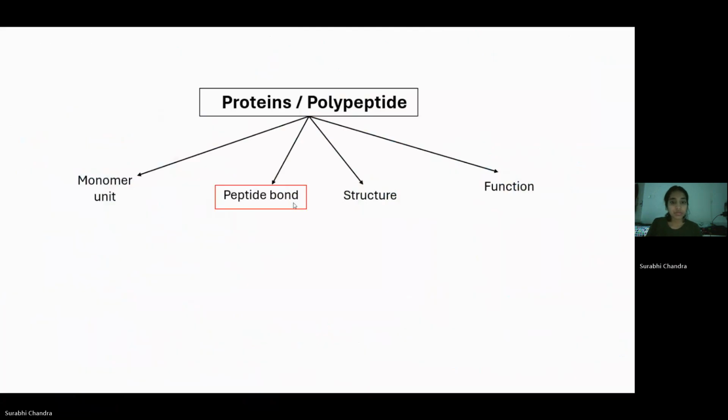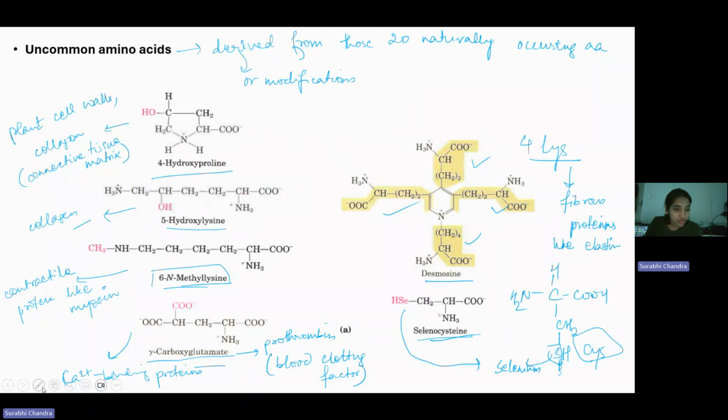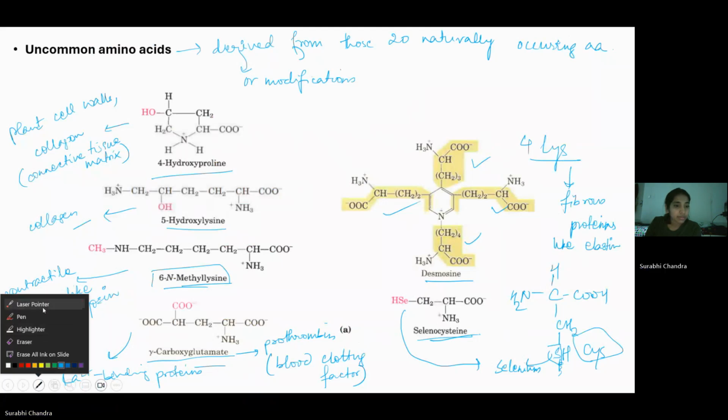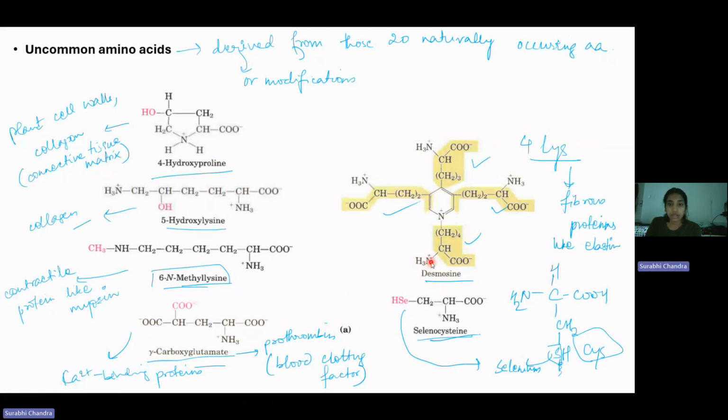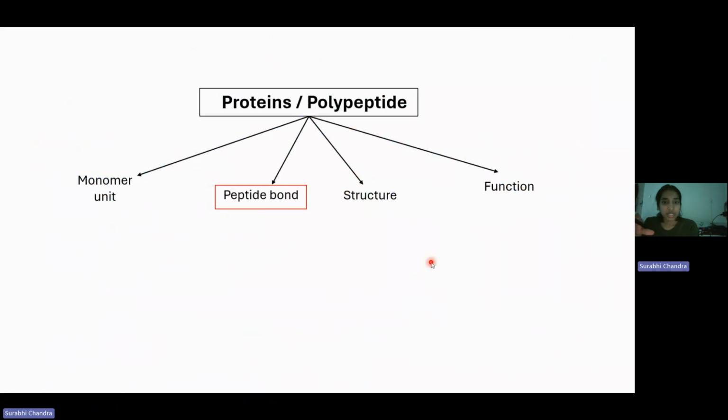Now, next, we looked at the different kinds of monomer units. Now we will be focusing on how these monomeric units are joined to form dimer, trimer, oligomer, polymer like that.